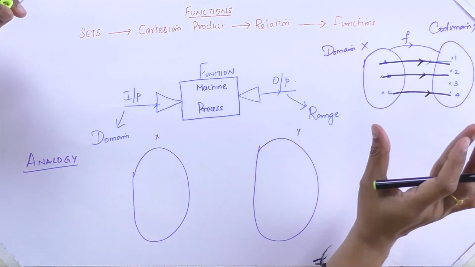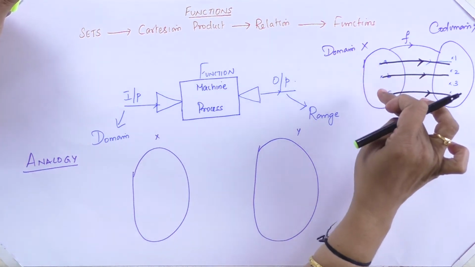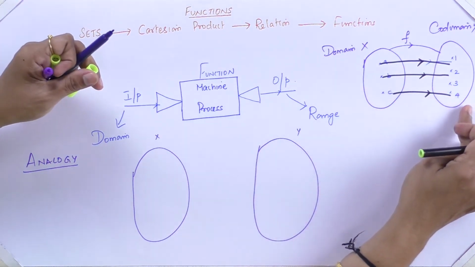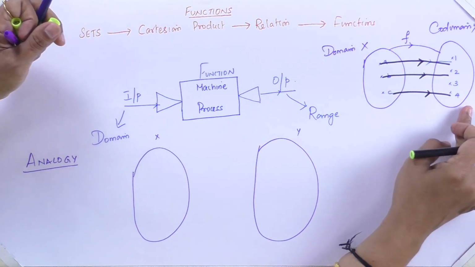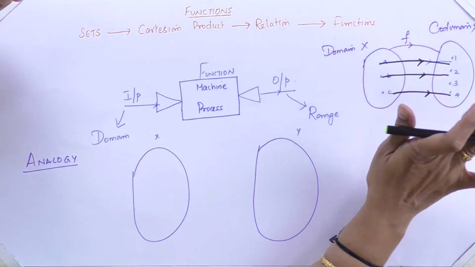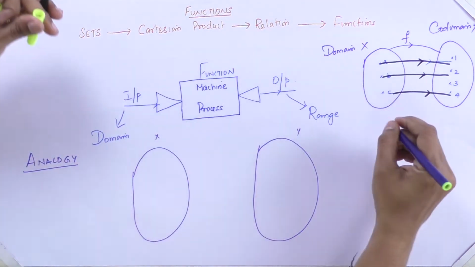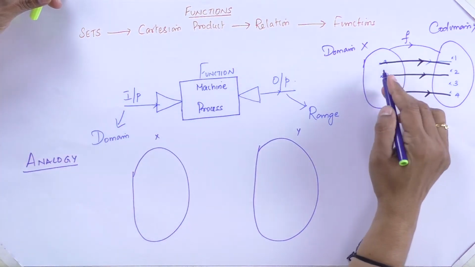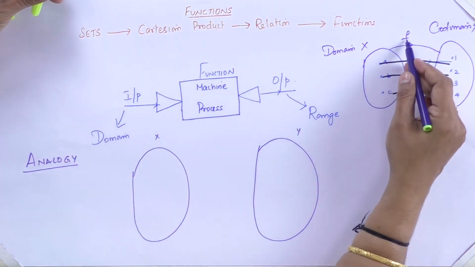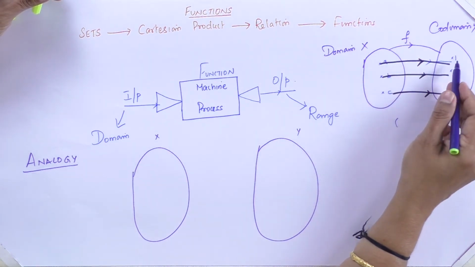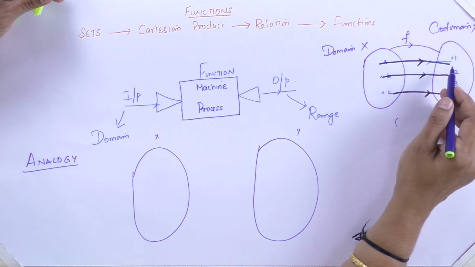A function says that for every element in the domain set, we have an image in the codomain set under the mapping F. That is what a function says. Or even in terms of relation, if I want to say that this ordered pair, that is under the mapping F, this point a of the domain set has been mapped onto 1 in your codomain set.